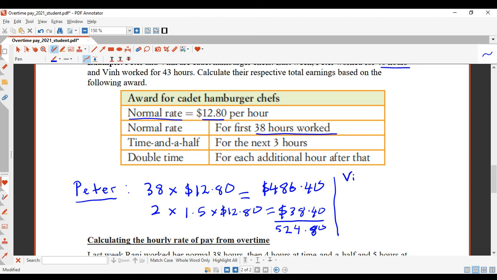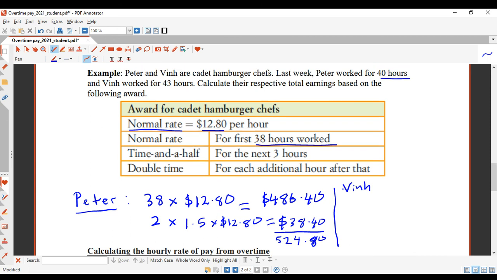Now for Vin, he works 43 hours. If you look up here, he works 43 hours. So for Vin, we're going to have 38 hours at normal time, 38 times $12.80, plus the next 3 hours, which is 3 hours at time and a half.